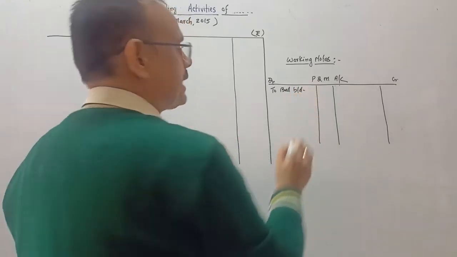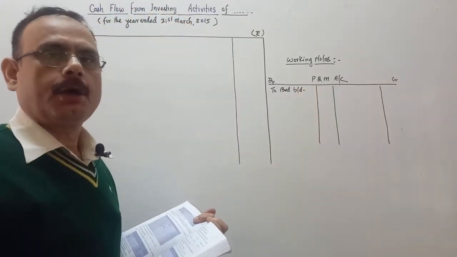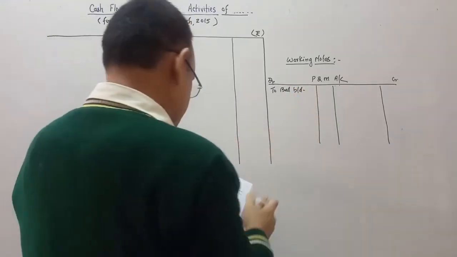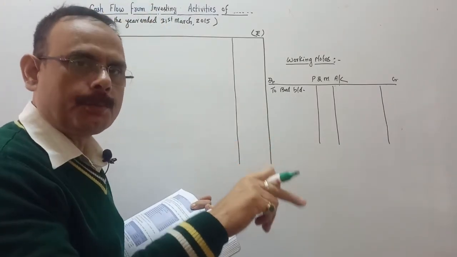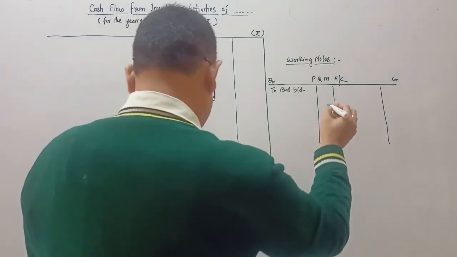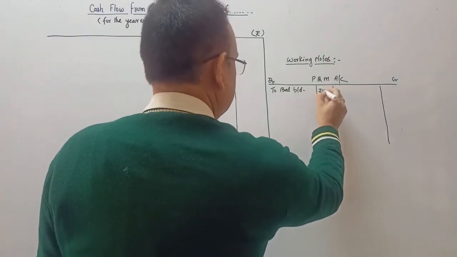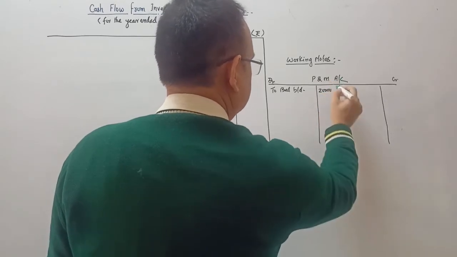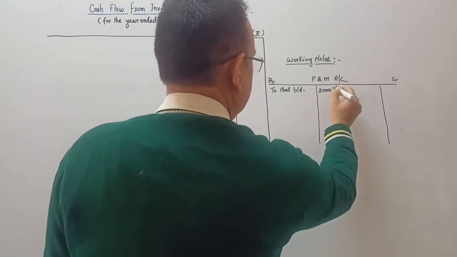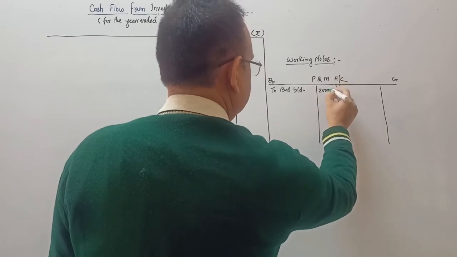Plant and machinery is an asset, and we know that all assets have a debit balance. So plant and machinery of the previous year will be the opening balance for the current year. So 2 lakhs is the opening balance. Is it clear? It is 2 lakhs.